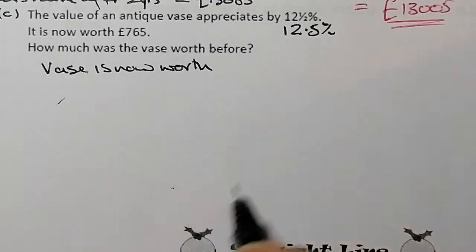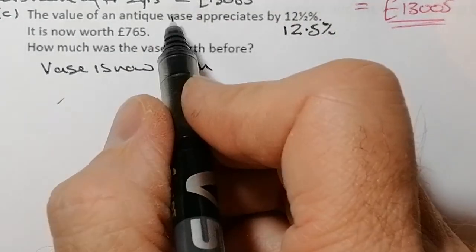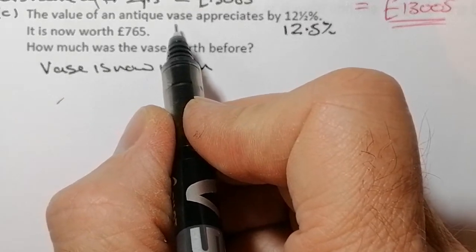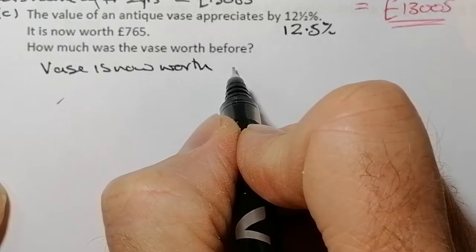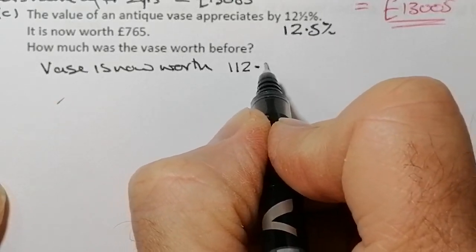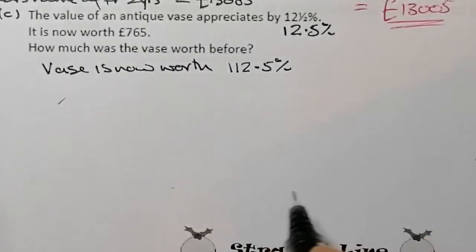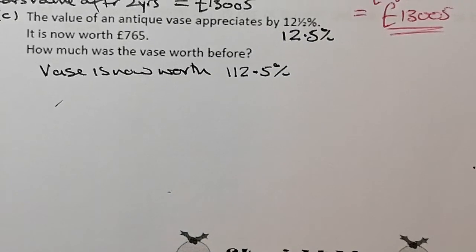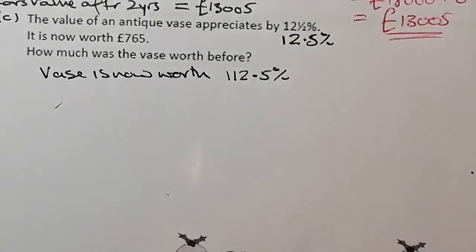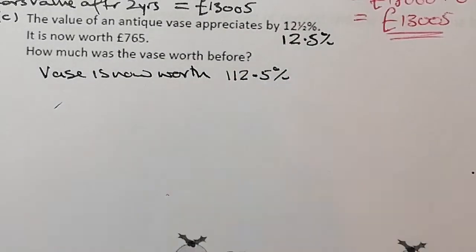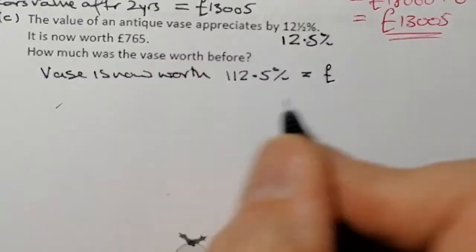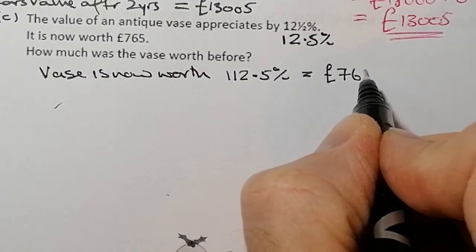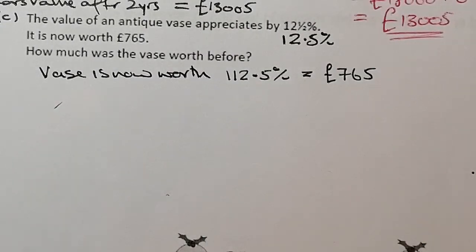It was worth 100% before its rise, so 100% plus the 12.5%, so that's going to be 112.5%. So that there is just 100% plus 12.5%. And I know that that's equal to its value as well. So I know the percentage now, and I know that it's equal to £765.